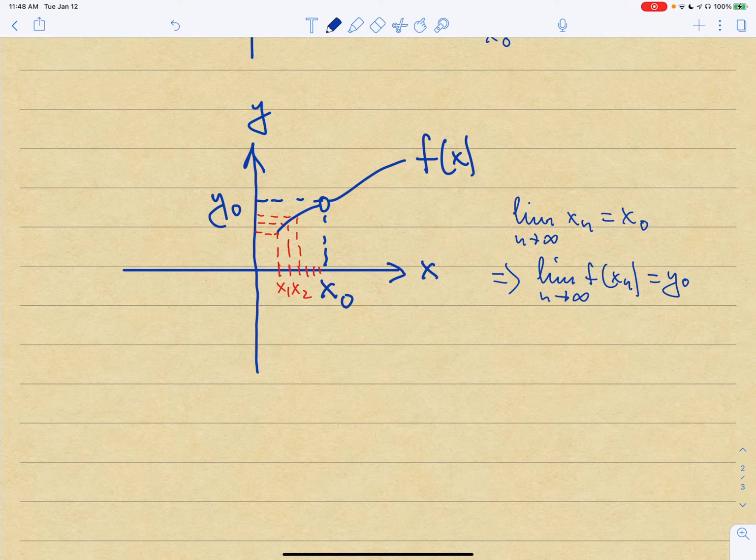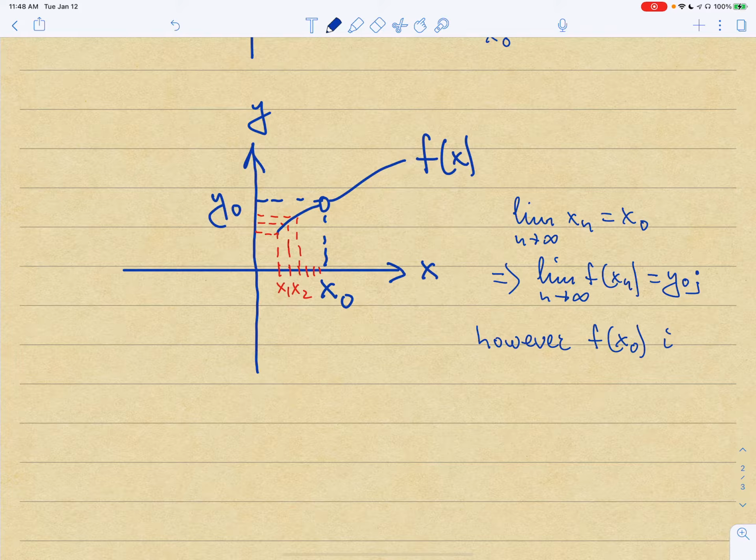However, what about the value of f at x0? And you see that I have a hole here, right?